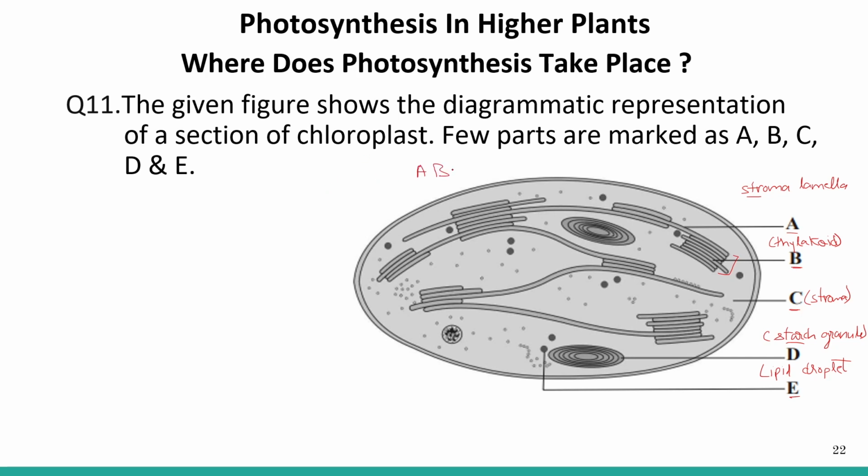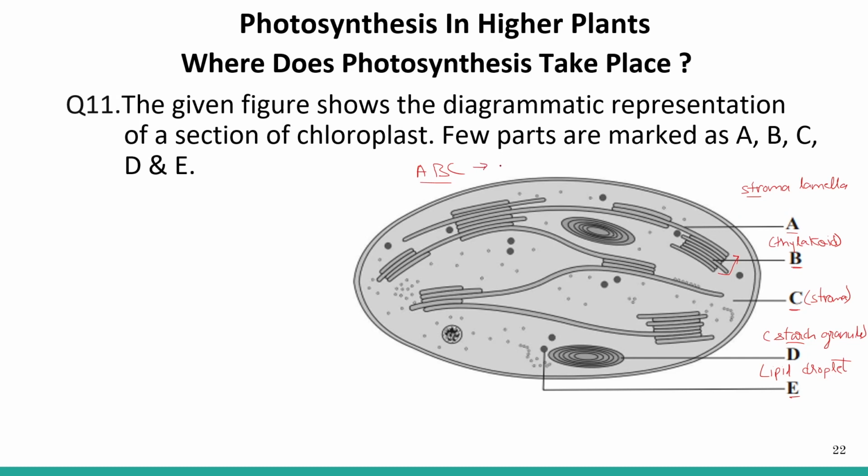A, B and C: stroma lamellae, thylakoid and the stroma. You can say thylakoid or grana also here, if we talk about the entire structure. What are grana? Grana are formed when the thylakoids are stacked over each other.